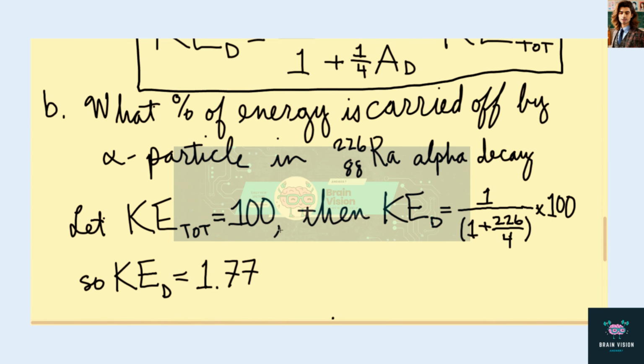If we plug in these values, we find that we are left with a value of 1.77% for the amount of kinetic energy carried off by the daughter. Well, we're asked for the amount carried off by the alpha particle.